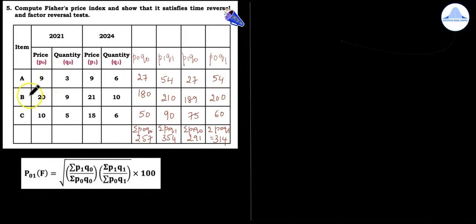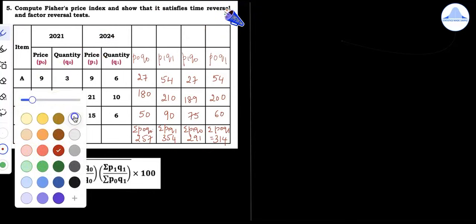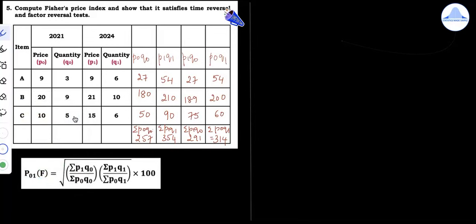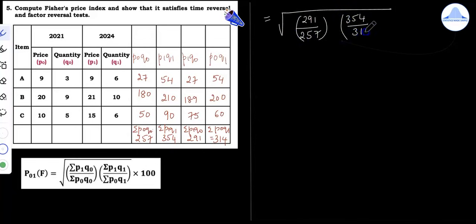So now let us go back to the formula and substitute all the totals to calculate Fisher's price index number. So this is equal to root of 291 divided by 257 into 354 divided by 314, and outside the root you should write into 100.